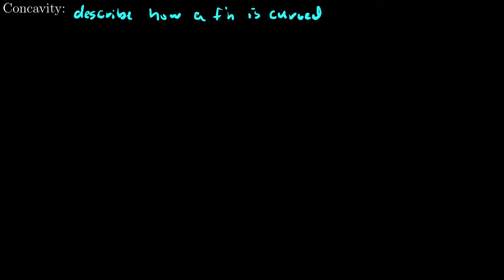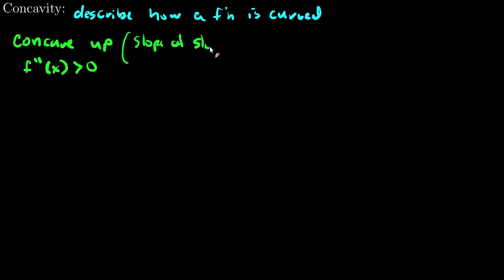And for this, if I want to say it is concave up, that's going to mean that the second derivative, or d squared y dx squared, is positive. And concave up basically means that the slope of the slope, the second derivative, is positive.